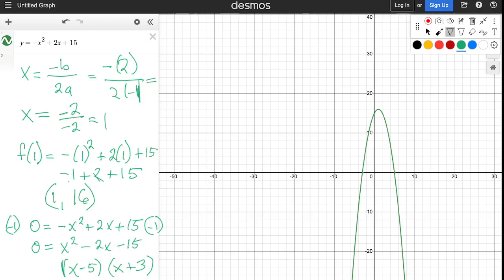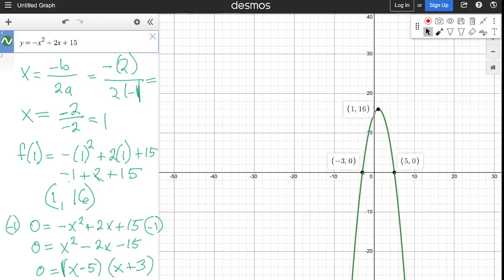And you'll see that that works. And so what that does is, remember, the x-intercepts are the opposite values of these factors. So it's going to be positive 5 and negative 3. And that's exactly what shows up here. Negative 3 and positive 5. And our vertex. Okay.